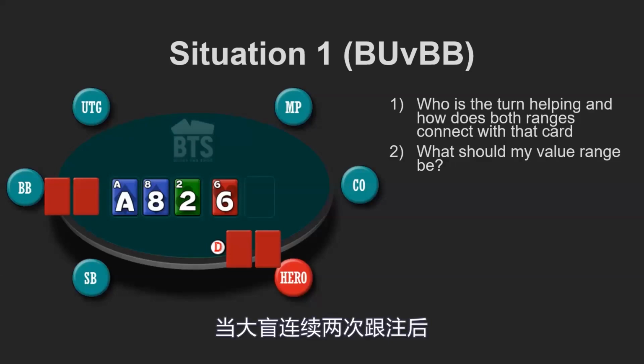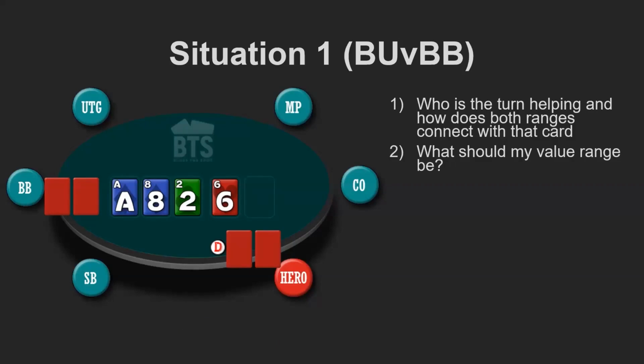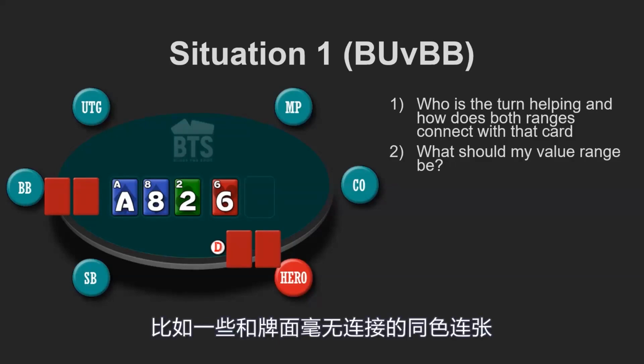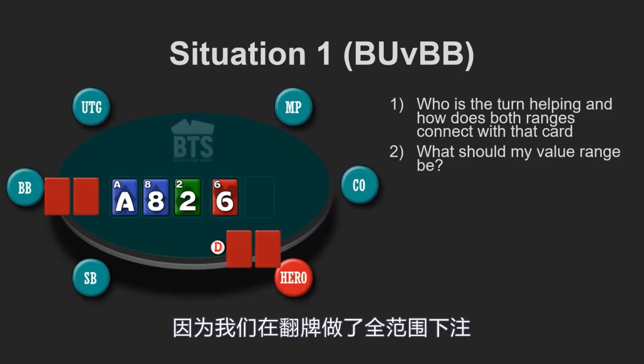When big blind calls, he's going to have folded a big portion of his range, some stuff that didn't connect with it. We can agree that big blind's going to be overfolding as well. So he's going to get to the turn with a pretty strong range, and we're going to be getting to the turn with a pretty wide range because we c-bet our entire range.